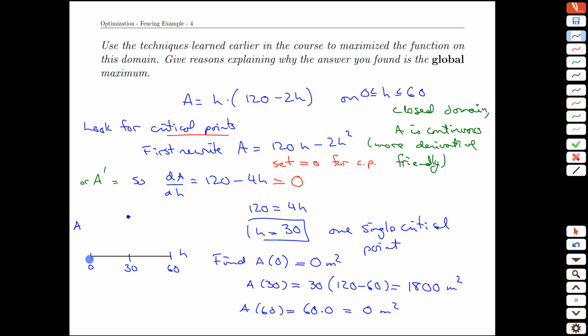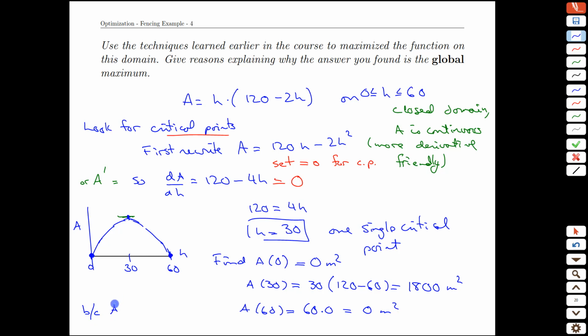So what we can do is actually sketch out the graph of A here. We know that there's a critical point. Let's add our axes here. There's a critical point here with slope 0. We have a value of 0 here, a value of 0 here, and no other critical points. So pretty much the only shape we can have here is that arc that you see in front of you.